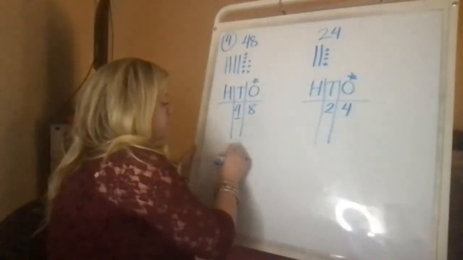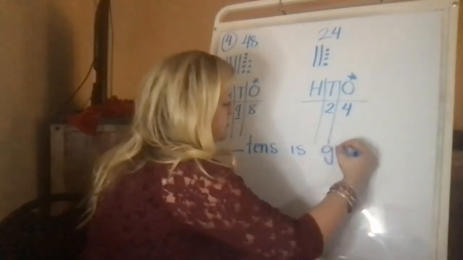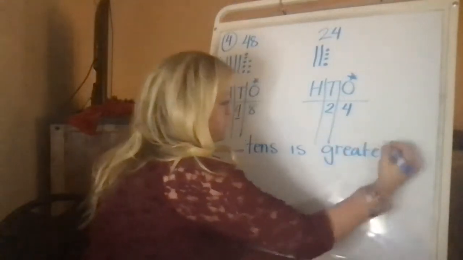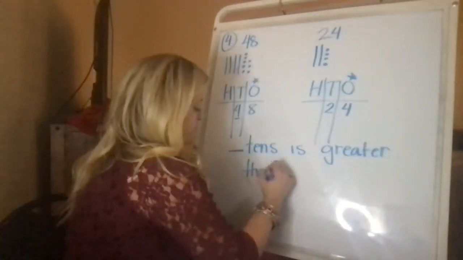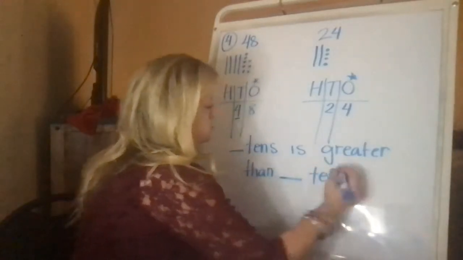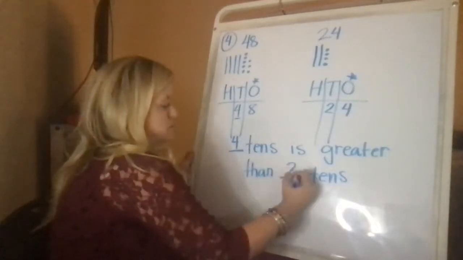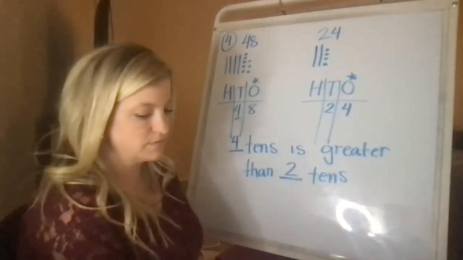So then it says blank tens is greater than, remember that, than blank tens. So which one's greater than? Well, 4 tens is greater than 2 tens.